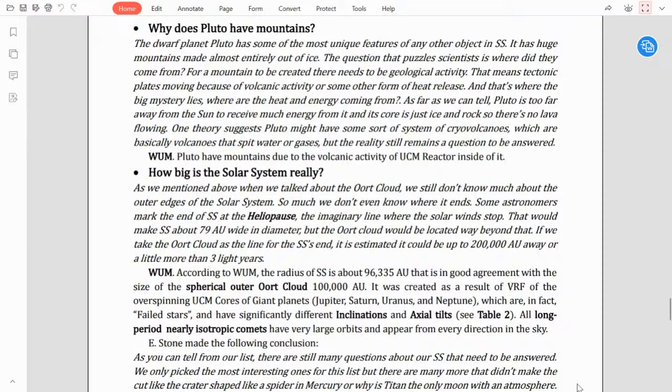That would make the solar system about 79 astronomical units wide in diameter. But the Oort cloud would be located way beyond that. If we take the Oort cloud as the line for the solar system's end, it is estimated it could be up to 200,000 astronomical units away, or a little more than 3 light years.